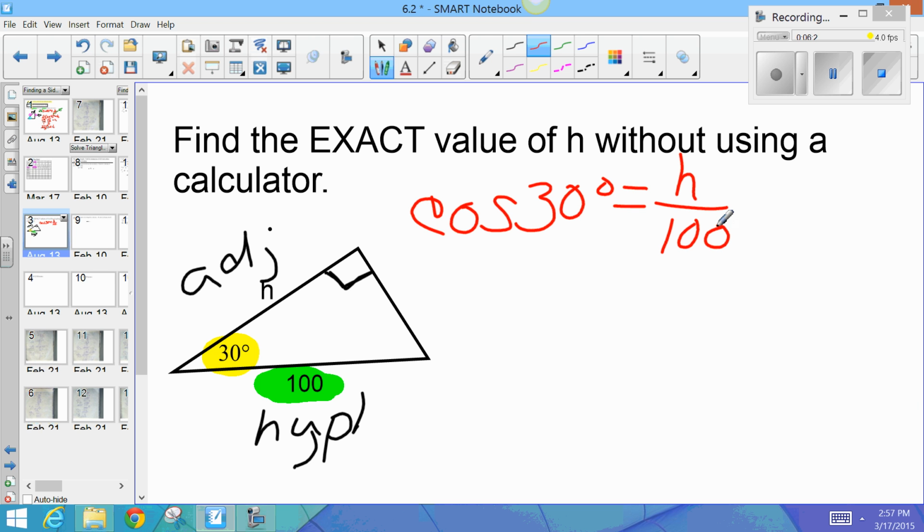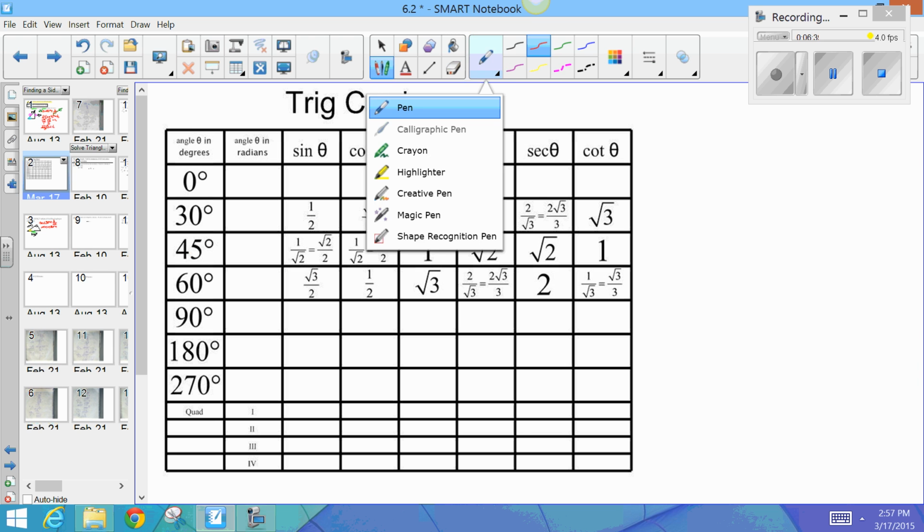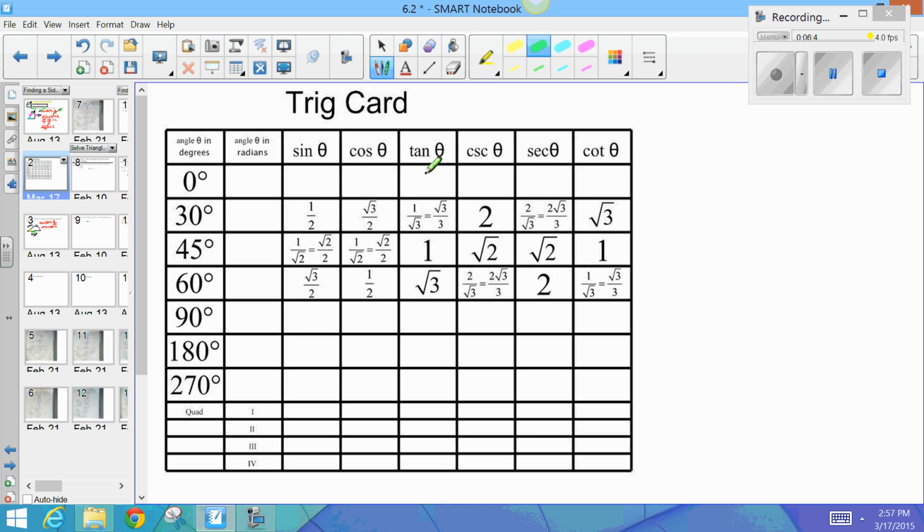So I'm going to multiply by 100 to get h all by itself. I'm going to refer to the trig card. I'm looking at cosine of 30. So cosine of 30, square root of 3 over 2.